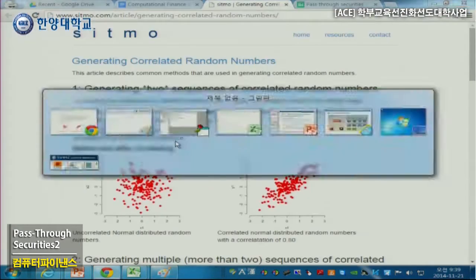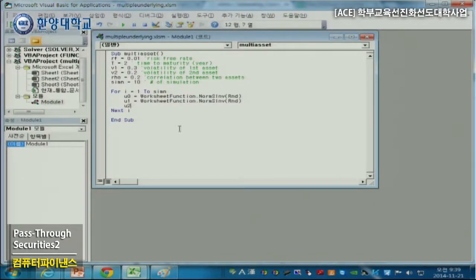So I'll say U2 is what? Because it's correlated, rho times U1 plus (1 minus rho squared)^0.5 multiplied by U0. Now, therefore, okay, U1, U2 are correlated with rho.